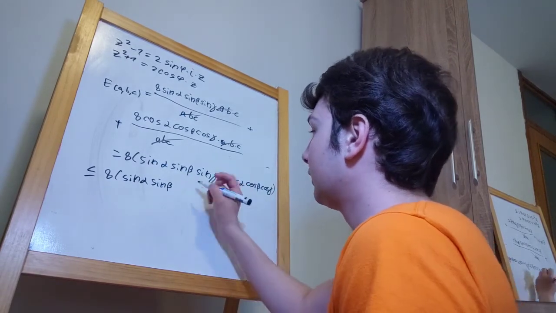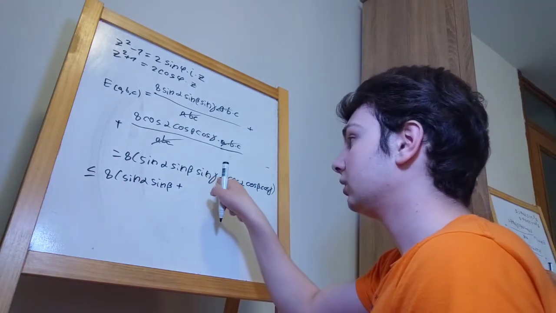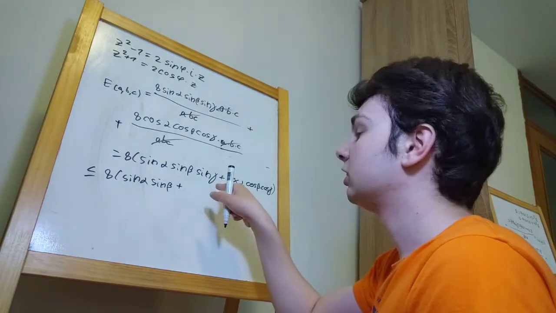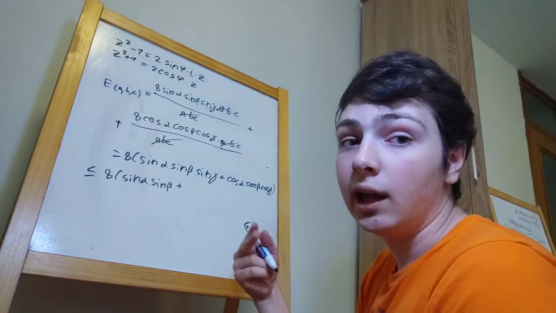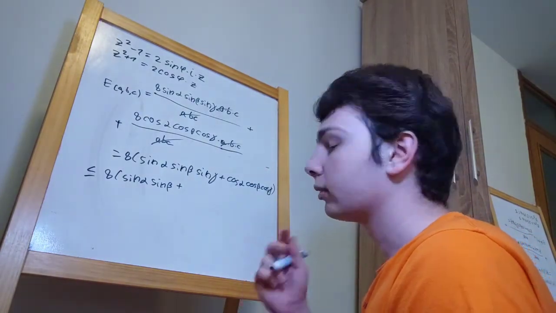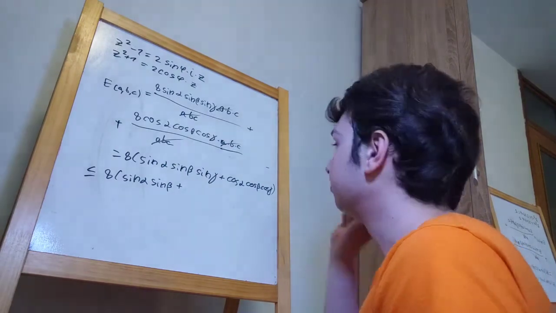So we just leave it like that. We just get rid of the gamma term, since sine and cosine are smaller than or equal to 1 for any angle.